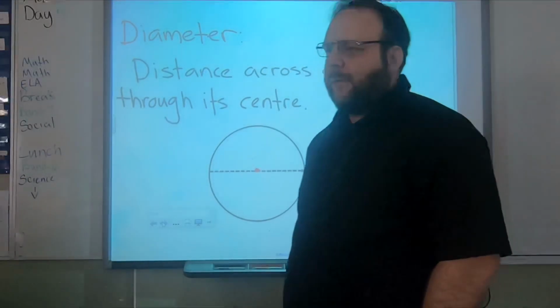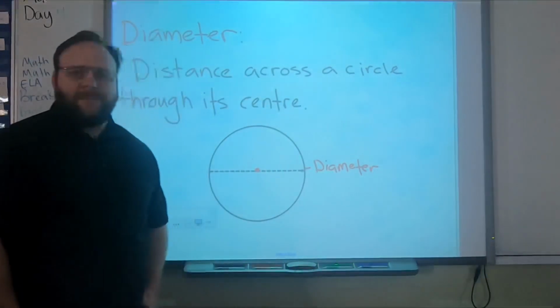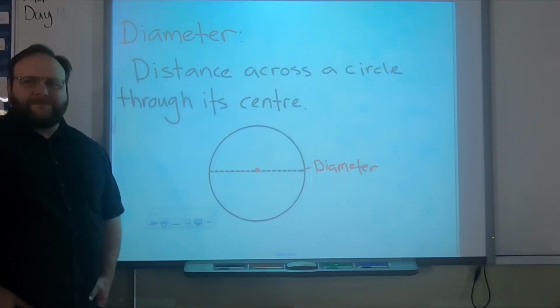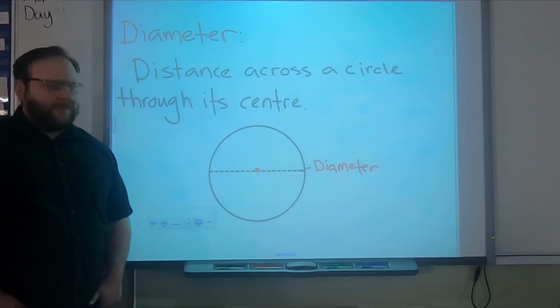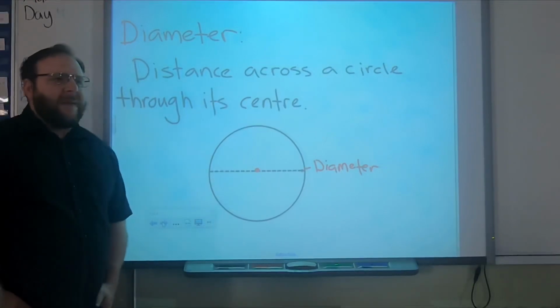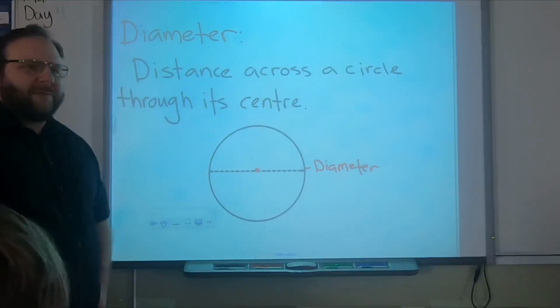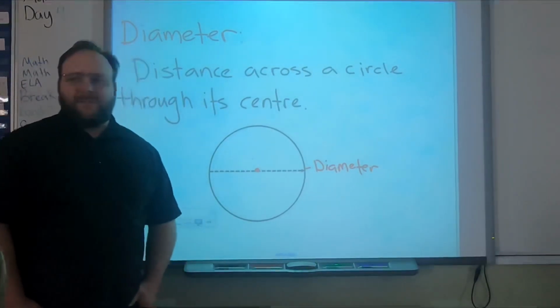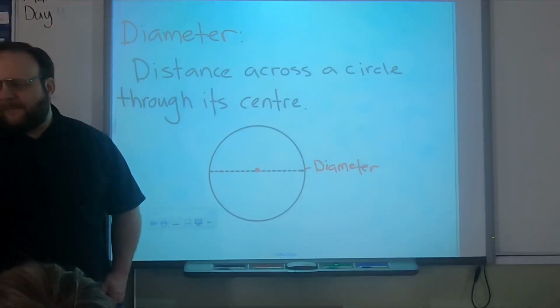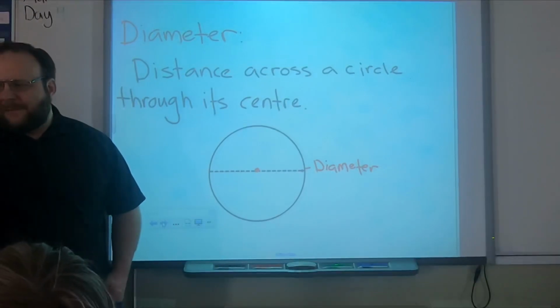Juliana, what do you notice about the diameter compared to the radius? The diameter is going this way. Okay. And the other one's going that way. Well, diameter could go that way too. What can we say about the diameter? The diameter is something compared to the radius. Evan? The diameter is across from one side to the circle, and the radius is from the middle to the circle.